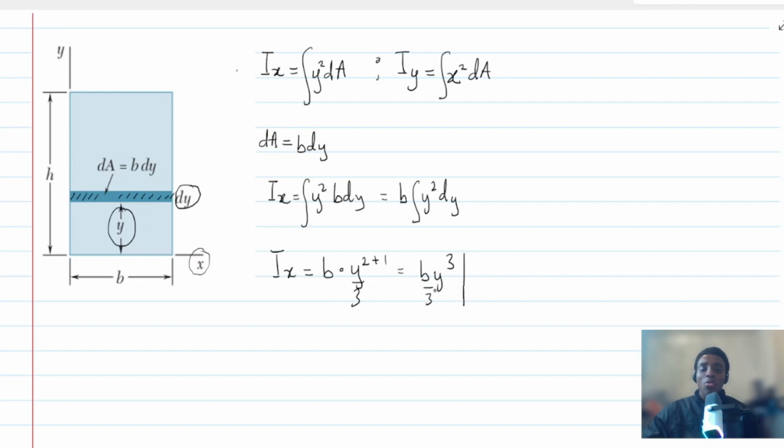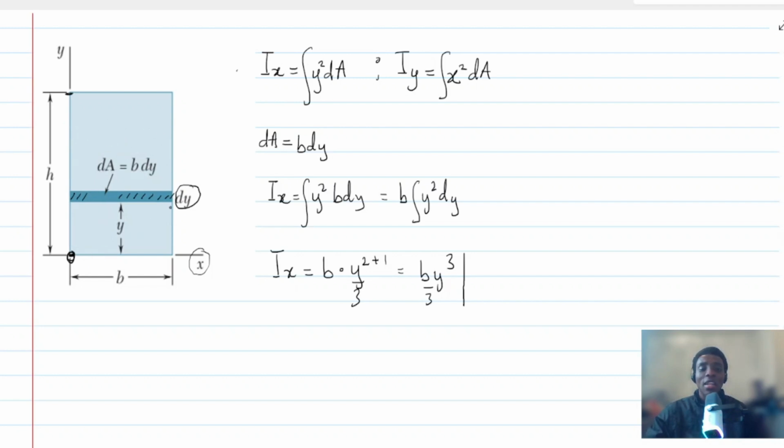And what is the value of y? You see that y is changing from y equals 0 all the way till we get to h. In other words, we are trying to sum up all the elemental areas, all the small rectangles, until we get to h.